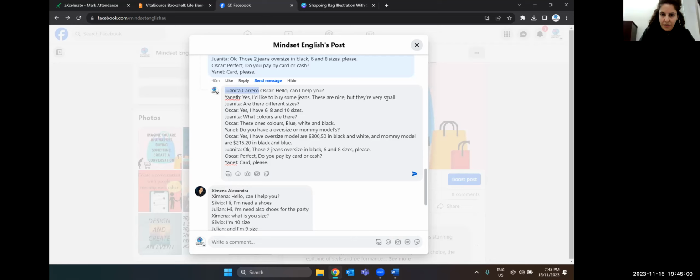These hats are small. Six. What colors are these ones? Blue, white, or black. Yes.